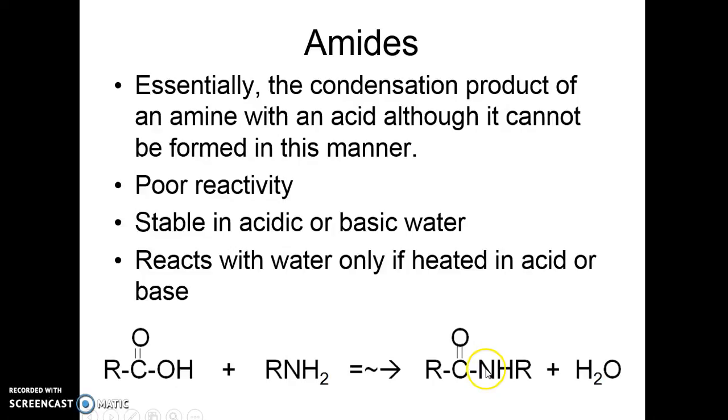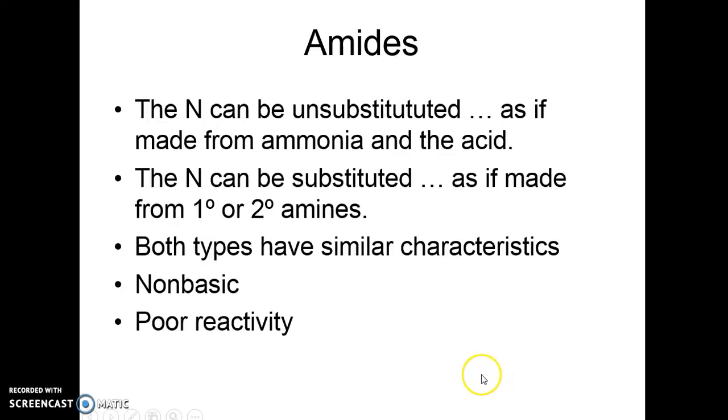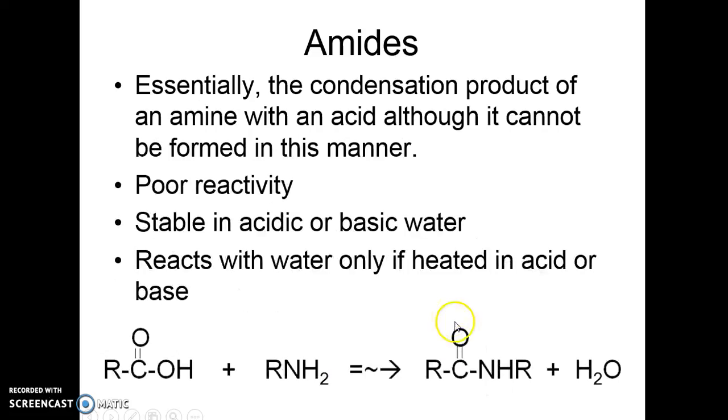That makes this nitrogen trigonal planar, and the non-bonding pair perpendicular to the plane and in conjugation with the pi orbitals of the carbonyl. So it's planar. Because that non-bonding pair is in conjugation with that carbonyl, this is going to be non-nucleophilic.